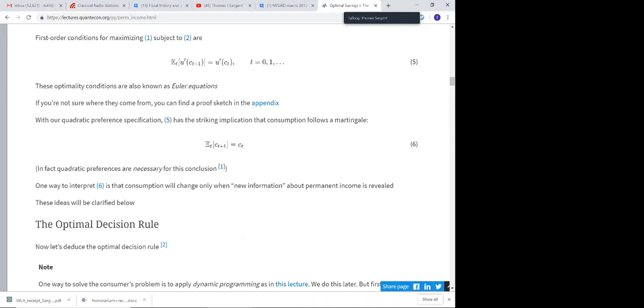First order conditions are going to be that the marginal utility of consumption follows a martingale. And with quadratic utility or linear marginal utility, that directly implies that consumption itself is a martingale. And that's kind of the result that we got earlier in the lecture. We're going to see that in several ways.